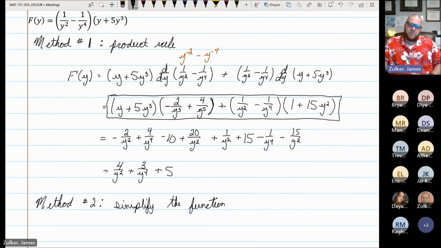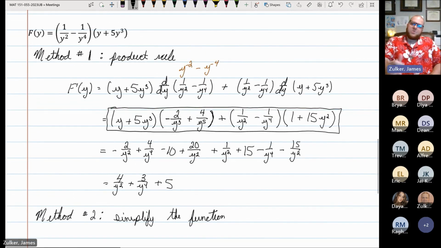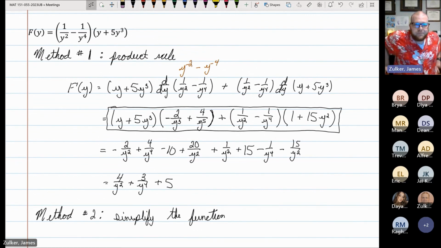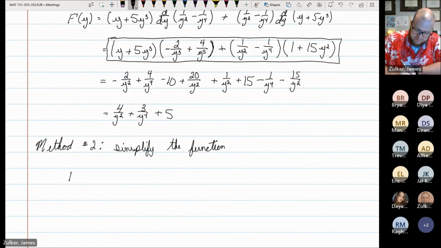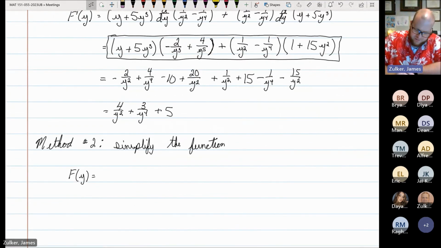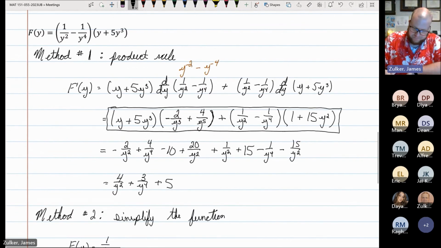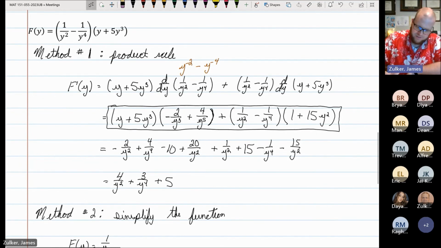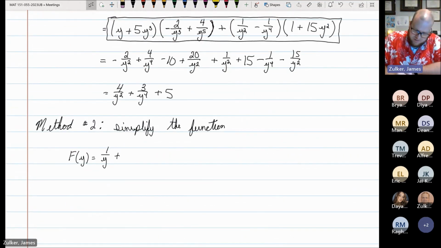Simplify the function first. In other words, FOIL that out. It would be 1 over y squared times y. One over y squared times 5y cubed.